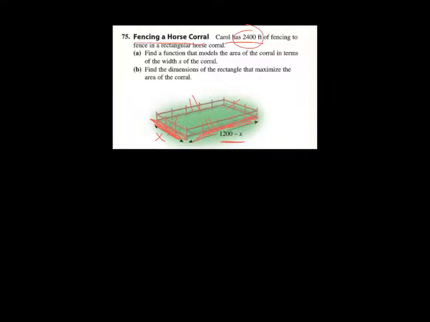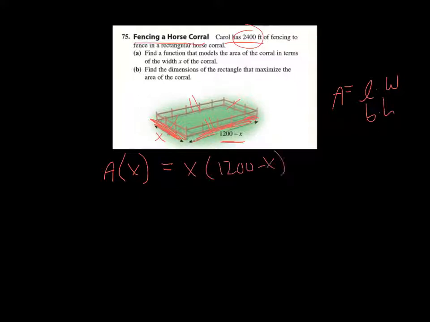So if you want to maximize that area, the area of x would be equal to, again, the area of a rectangle, which is just length times width, or base times height, whatever you want to call it. So x times 1,200 minus x. When you distribute that, you get 1,200x minus x squared, area of x.